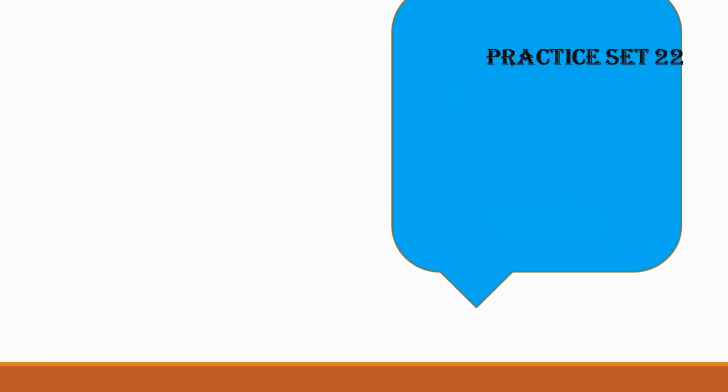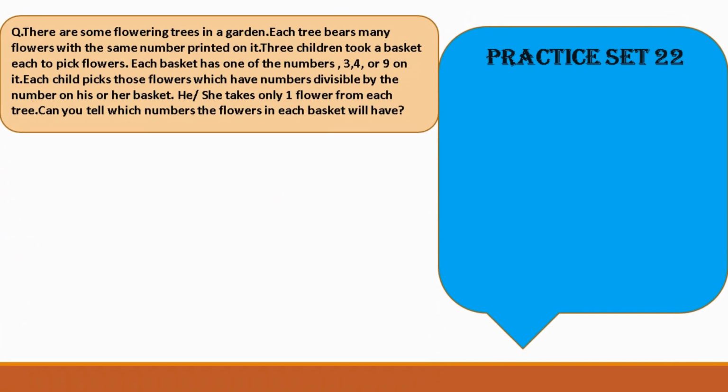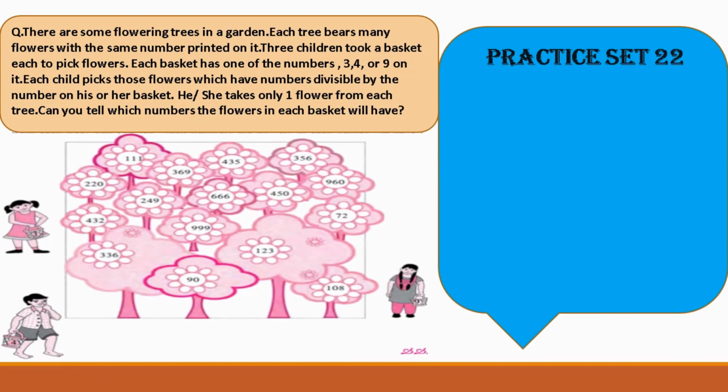Let us solve practice set 22. Question: there are some flowering trees in a garden. Each tree bears many flowers with the same number printed on it. 3 children took a basket each to pick flowers. Each basket has one of the numbers 3, 4 or 9 on it.